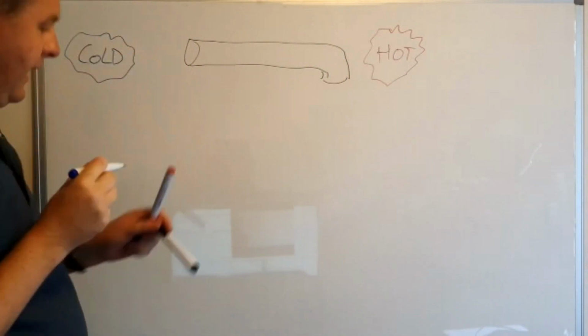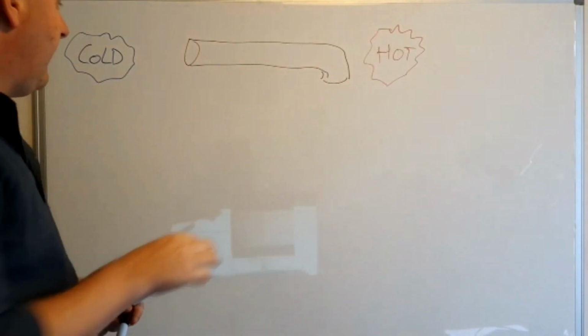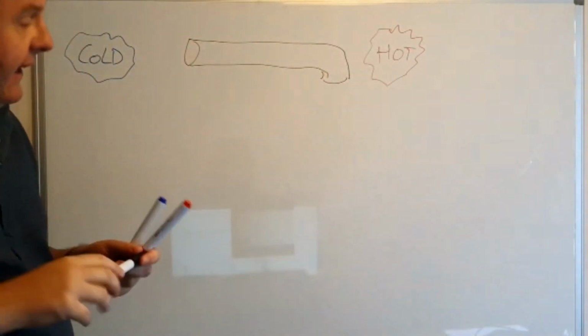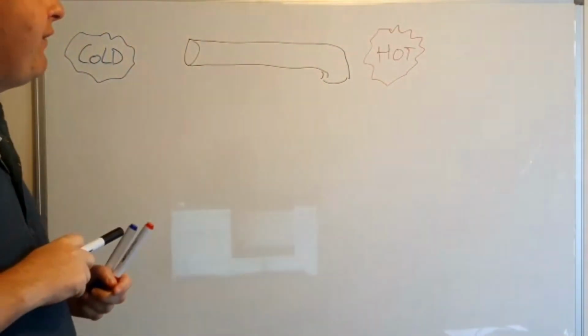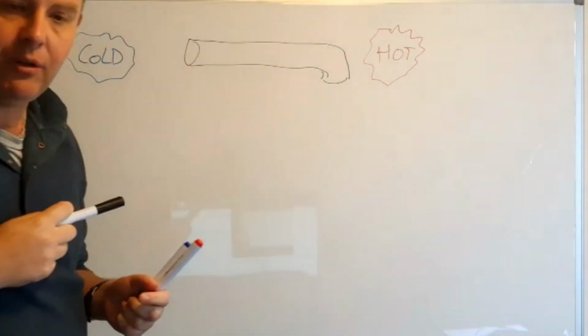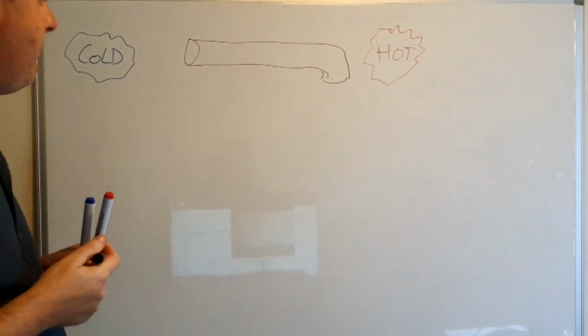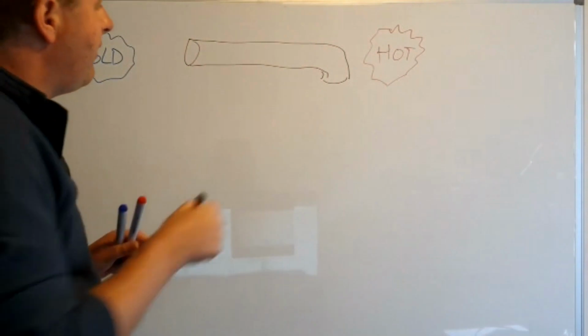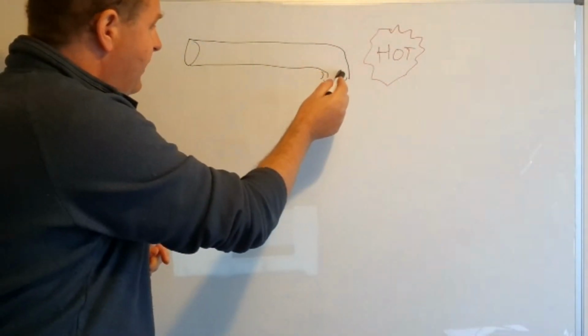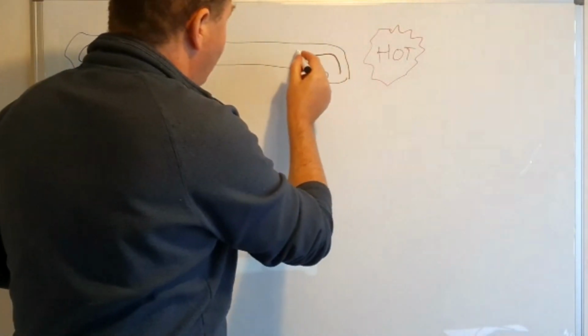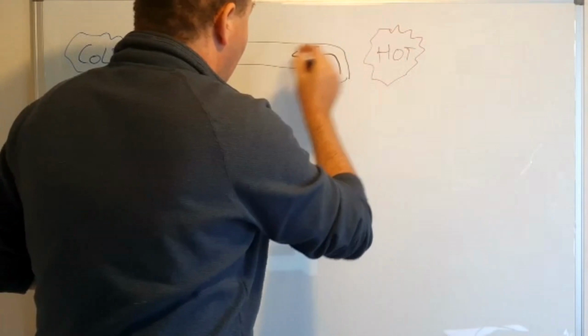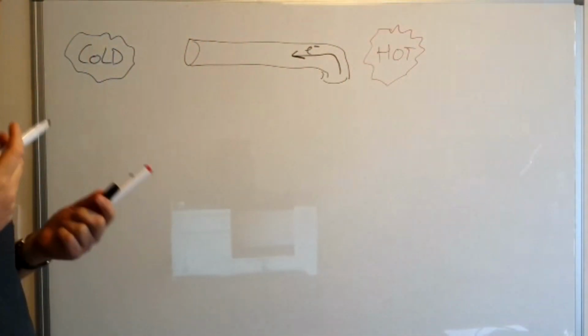at this end. Now, if this is just a bit of metal, then the electrons at the hot end are on average moving faster than the electrons at the cold end because they're thermally excited. So what's going to happen is the electrons move faster here than they do here, and so you're going to get a net flow of electrons from the hot end towards the cold end.